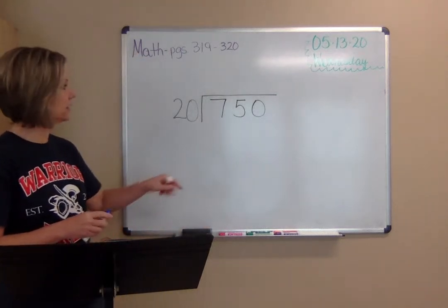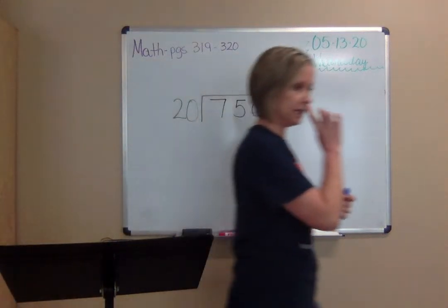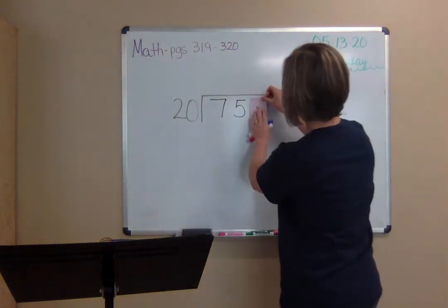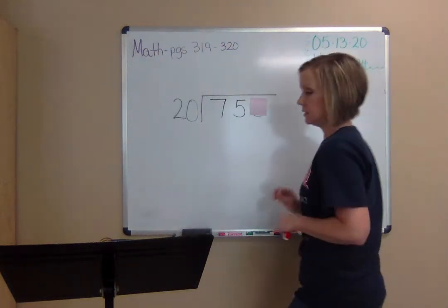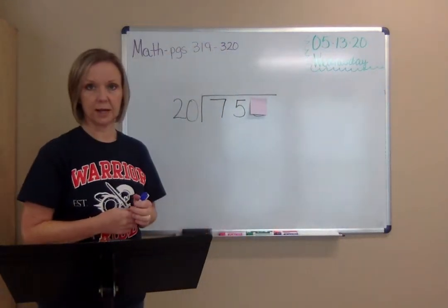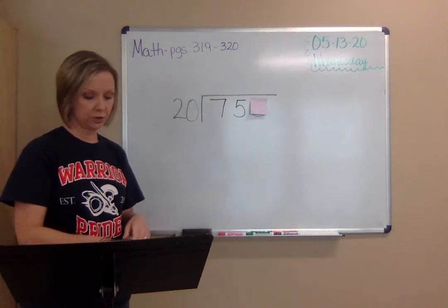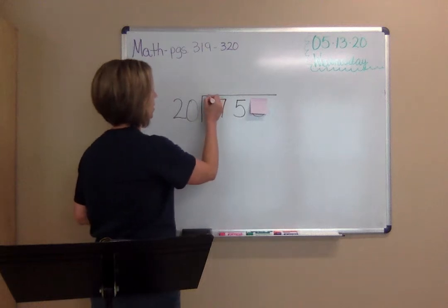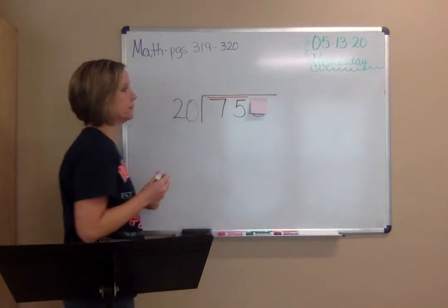So let's start. Let me grab a paper here. We're just going to pretend for right now that the 0 doesn't exist. This is just what we did yesterday. My first step is to take this whole number of 75.